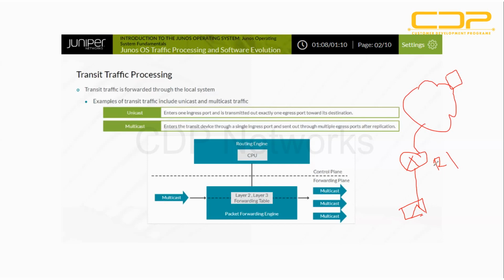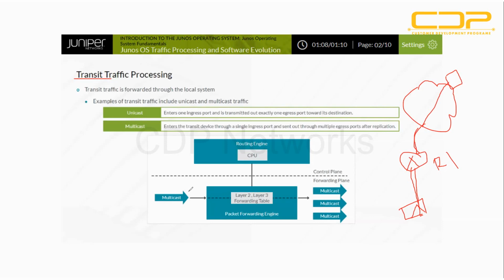Juniper.net is not connected with router 1. This is connected with the cloud. So this packet comes in one interface and is just forwarded to another outgoing interface towards the destination. This traffic is called transit traffic.